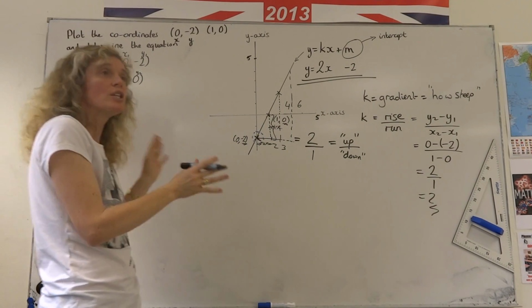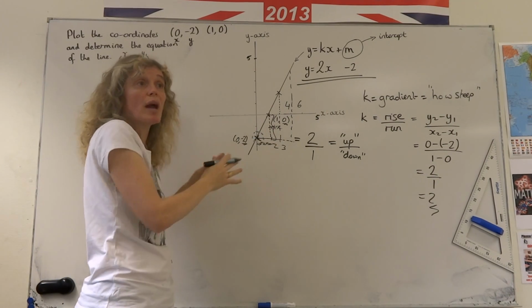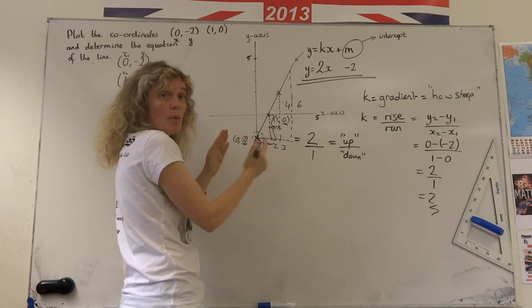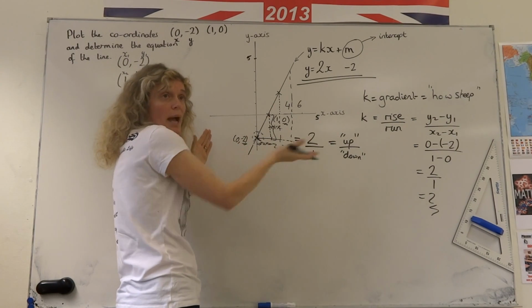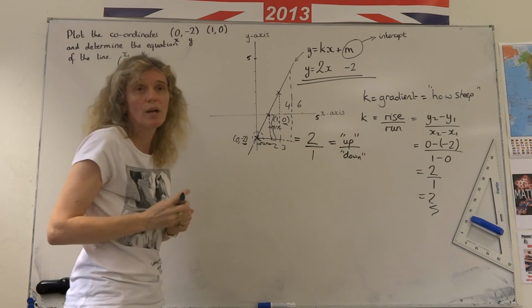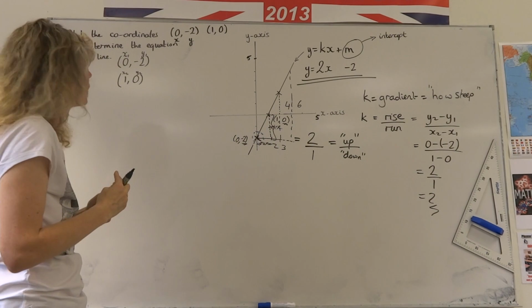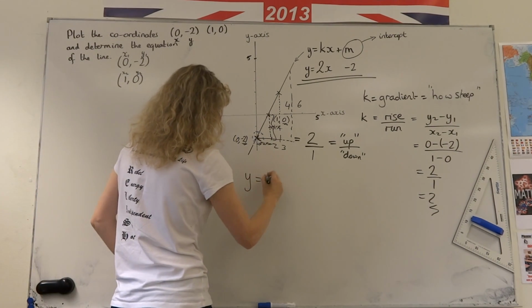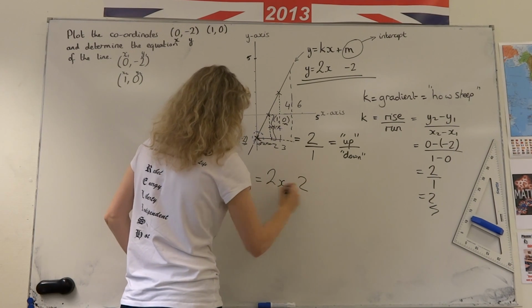It doesn't matter which points you choose on your line, as long as you choose the points correctly and think, how far am I going upwards divided by how far I'm going across. Rise over run. That gives you the equation of the straight line. So we've worked out the equation of that line is y equals 2x minus 2.